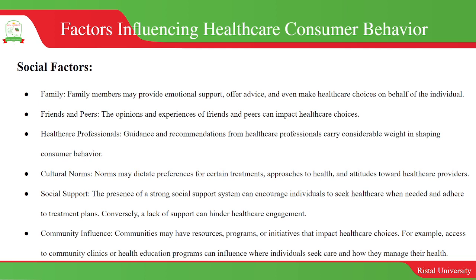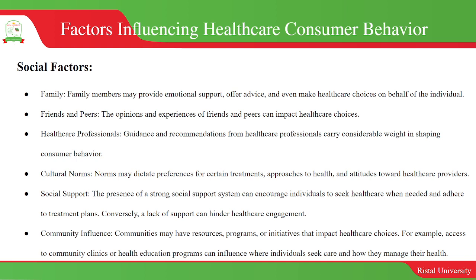And then when we move to social factors, we're basically talking about family, friends, health workers, social norms, social support, and community influence. When someone is about to seek medical care for an illness that they are suffering from, it is likely that the first people they will tell will be their loved ones, the family members.